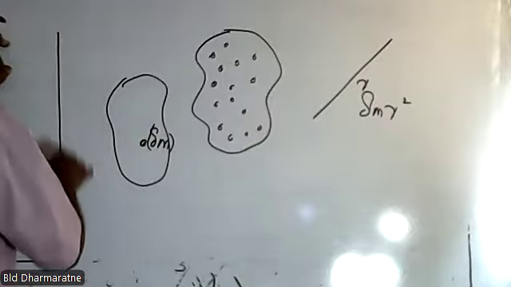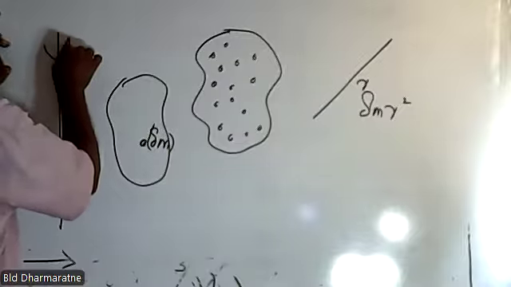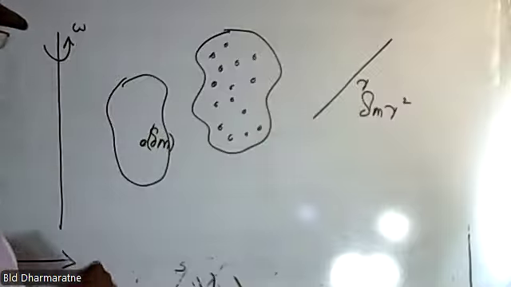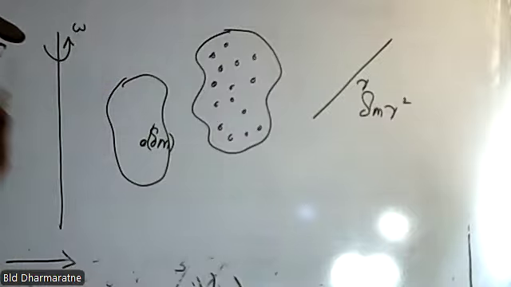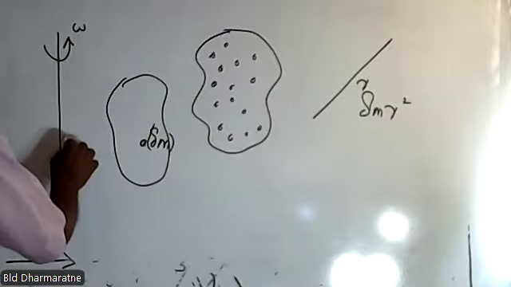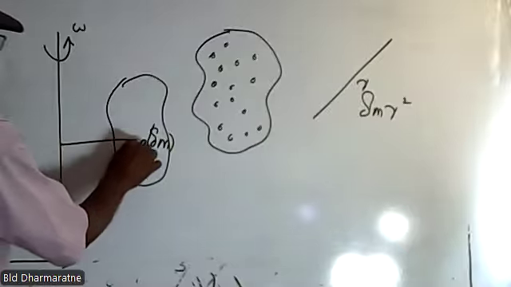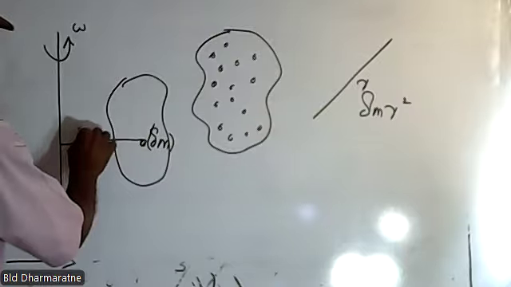Its rotating axis is here, and it rotates with angular velocity omega. The distance from the axis to this particle is r.